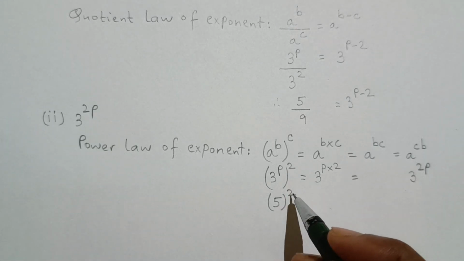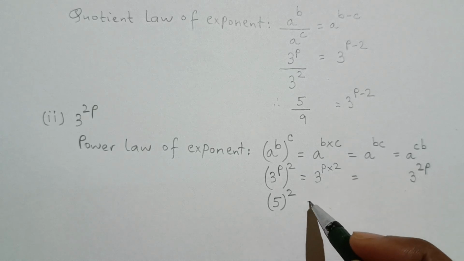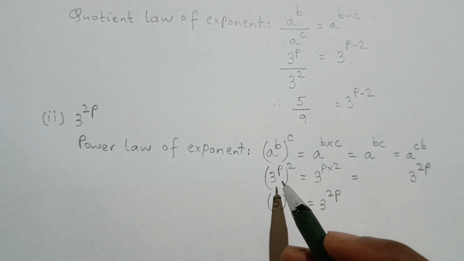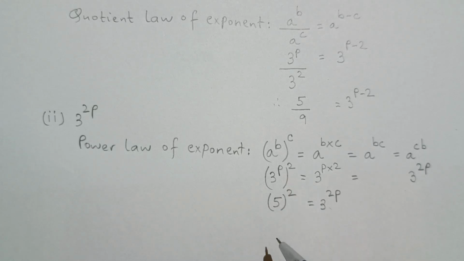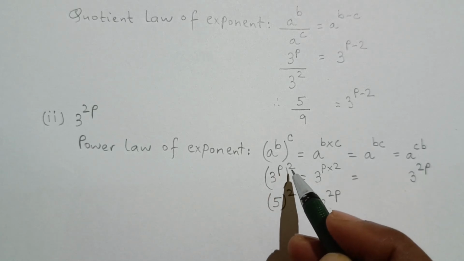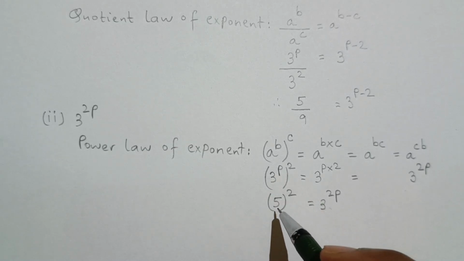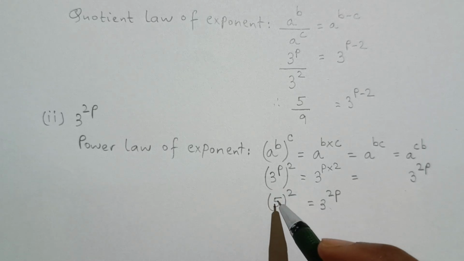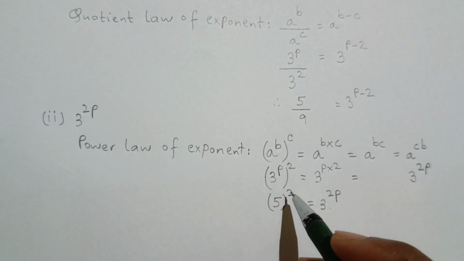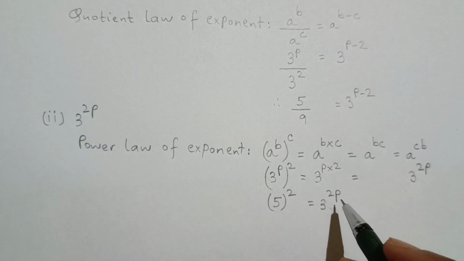So 3 to the power 2p becomes 5 square, because 3 to the power 2p is 3 to the power p whole raised to the power 2, and the value of 3 to the power p is 5. So 5 square is equal to 3 to the power 2p.